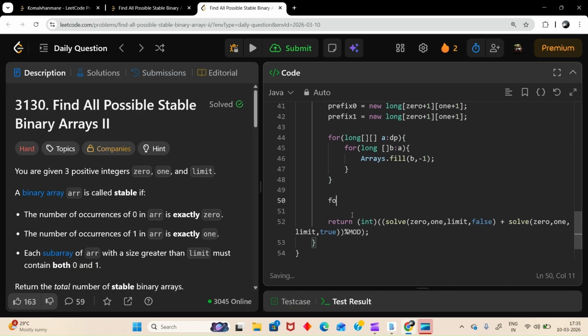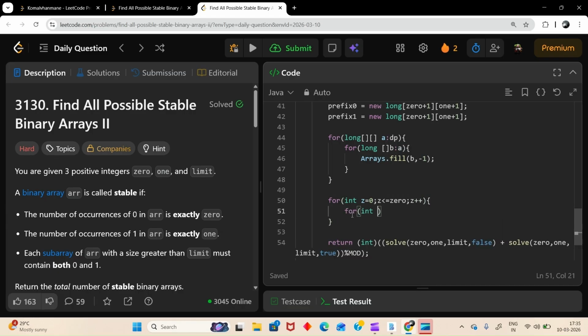Okay, what we'll do: for int z starts from 0, z should be less than or equal to number of 0, z plus plus, for int o is equal to 0, o less than or equal to number of 1, o plus plus.